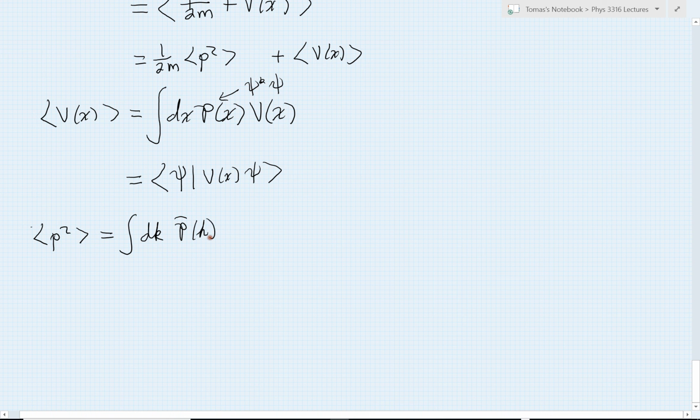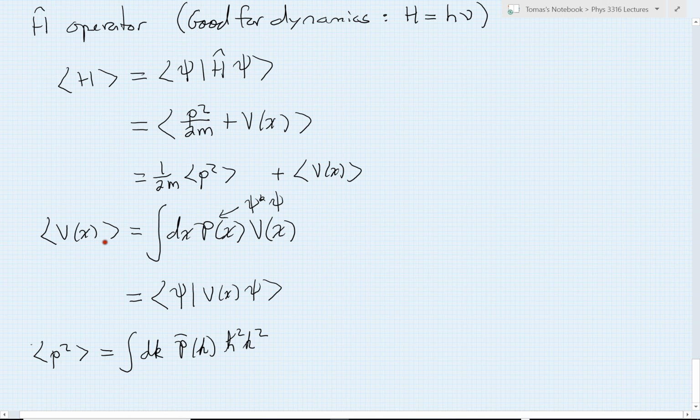And then we want the momentum squared, so we don't want h bar k, we want h bar squared k squared, like so. And so the main difference between this and the previous momentum operator that we looked at is we need to get two factors of h bar k, not one factor of h bar k.